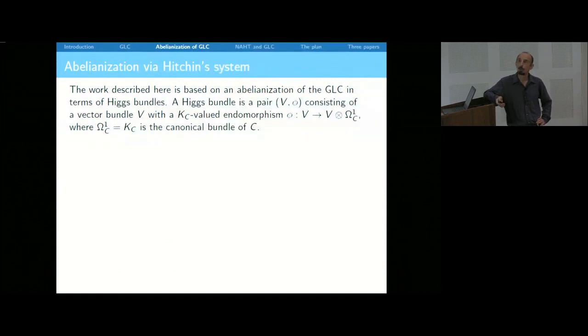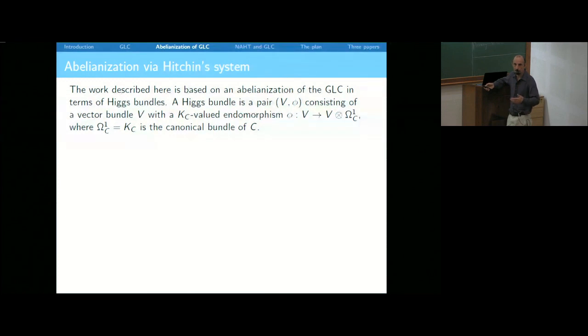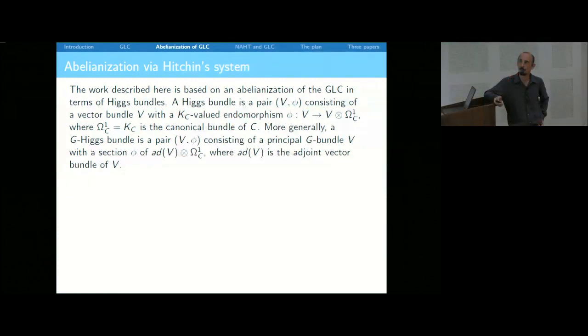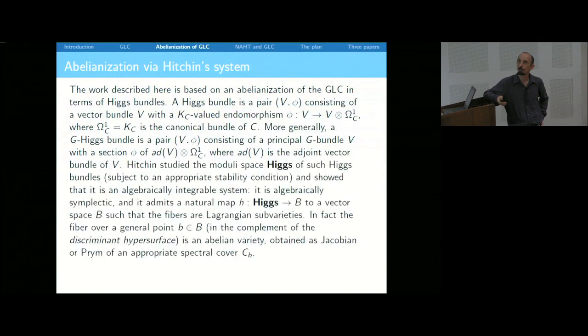And in general, instead of an endomorphism of the bundle, you'll take a section of an associated bundle through the adjoint representation. More generally, for a general group G, you just replace the endomorphisms of V by the adjoint representation of V.